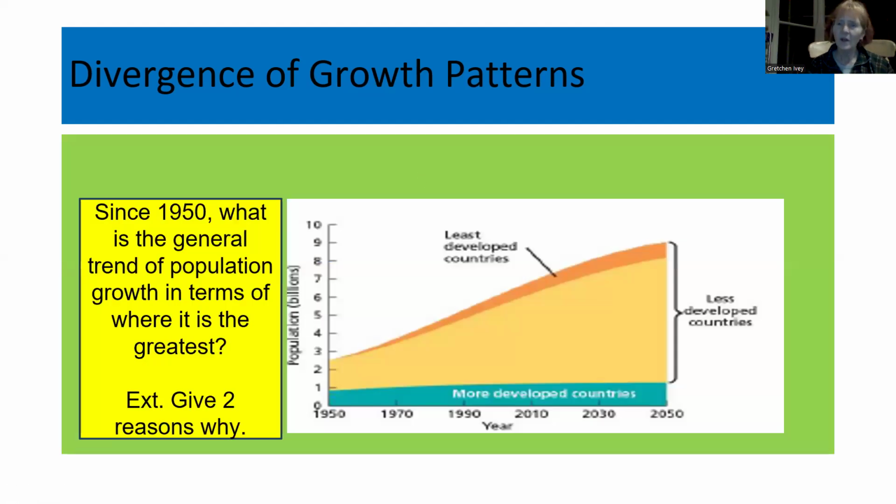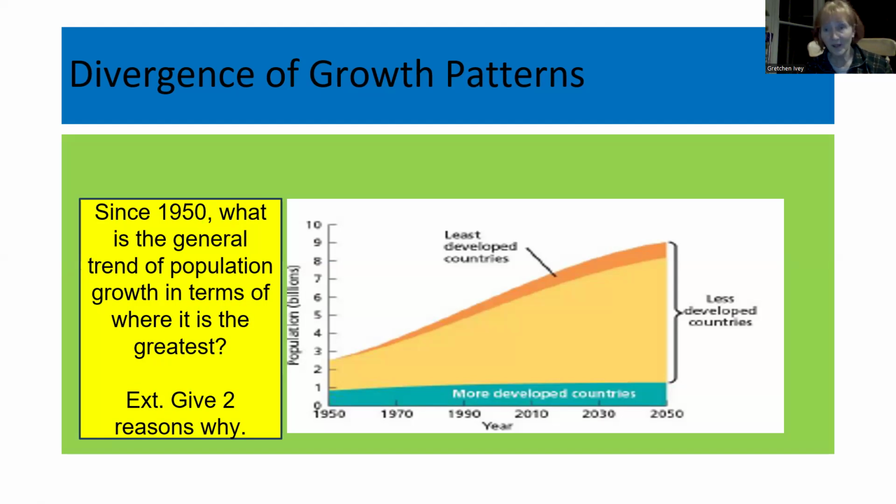Okay, so here we have an exercise where we're looking at a graph. Graphs are one of the sources that you might have to answer questions on. Photographs as well, but we're going to stick to some graphs in this lesson. Since 1950, what is the general trend of population growth in terms of where it is the greatest? It says give 2 reasons why.